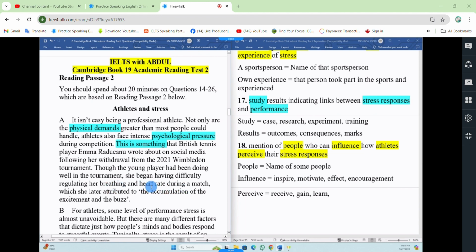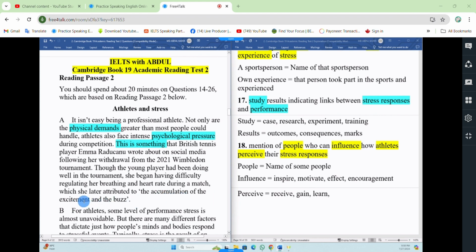She began having difficulty regulating her breathing and heart rate during a match, which she later attributed to the accumulation of the excitement and the buzz.